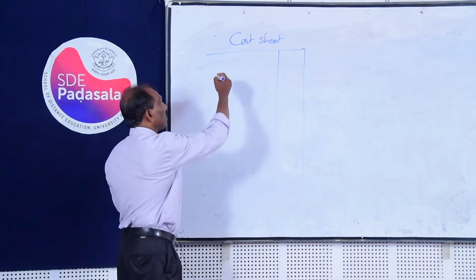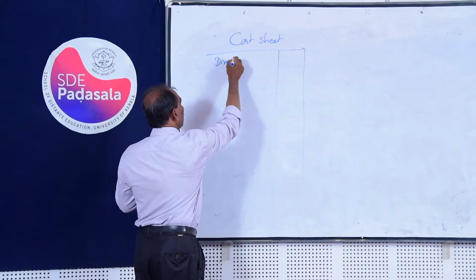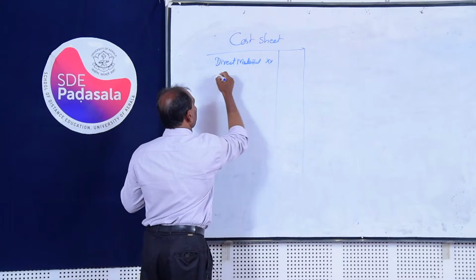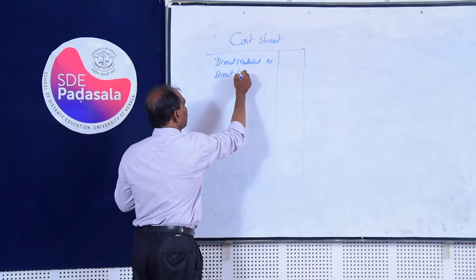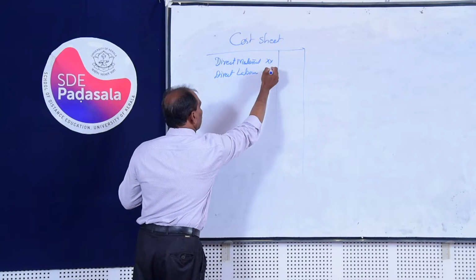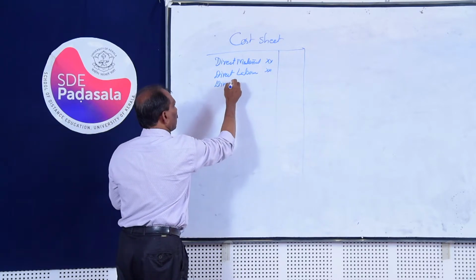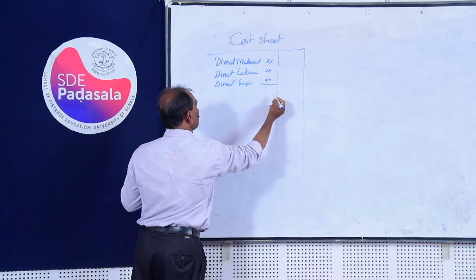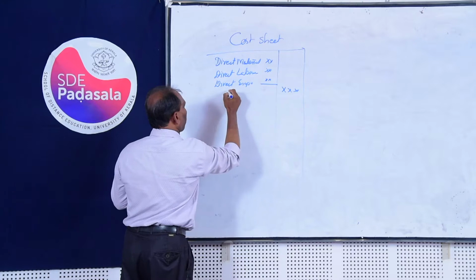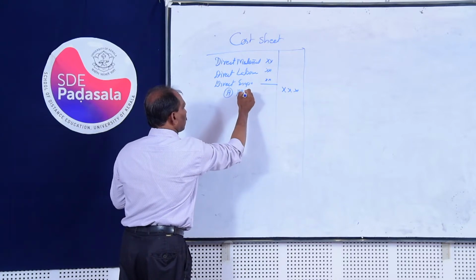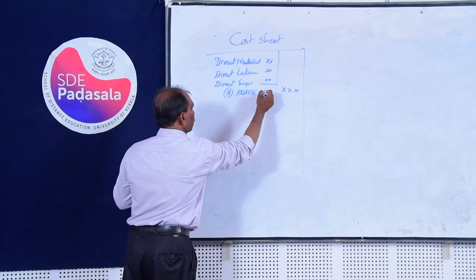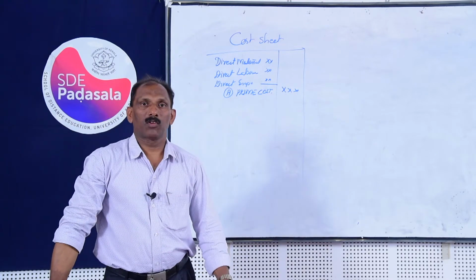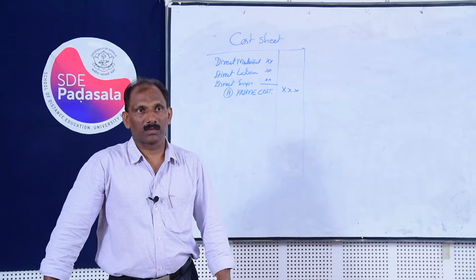First, we write direct material, next direct labor, then direct expense. These three constitute prime cost. So prime cost is the sum total of direct material, direct labor and direct expense.